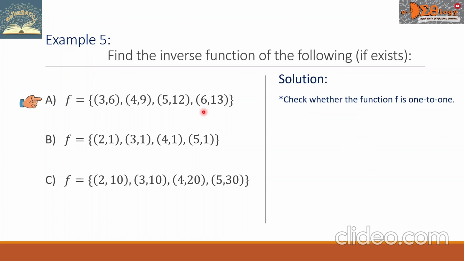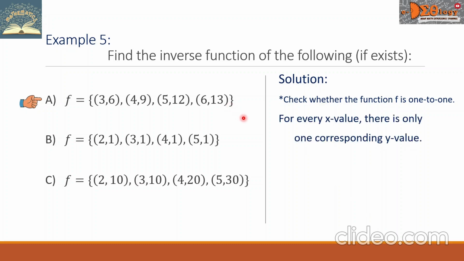Now we're going to check whether this function is one-to-one. We can see that for every x value, there is only one corresponding y value, namely 6, 9, 12, 13. It appears only once. For that reason, we can now invert the position of the x and y values respectively.